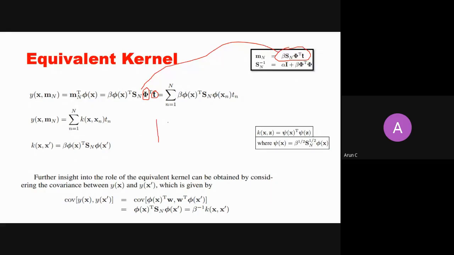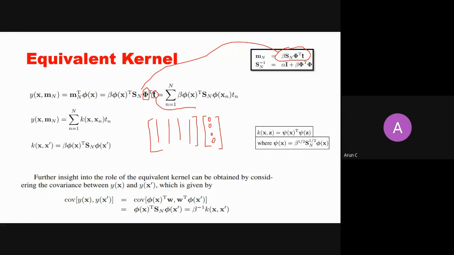If I see it, this is my design matrix transpose, so all samples are in columns, right? And this is my target variable T. Whatever targets I have, I put them in T1, T2, T3 till Tn, right? And this is nothing but a linear combination of all these columns.